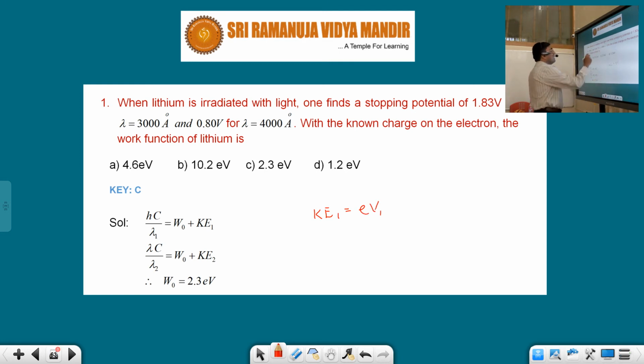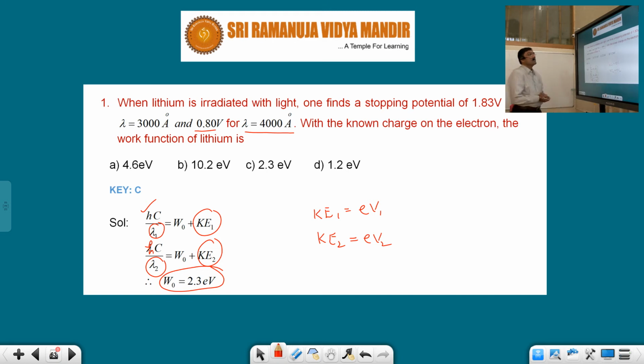At a different wavelength, 4000 angstroms, the stopping potential is again given, so KE2 is equal to eV2. Substitute in the formula hc by lambda1, where lambda1 is given, and lambda2 is given, KE1 and KE2 are given. Solve these equations and you will get the work function.